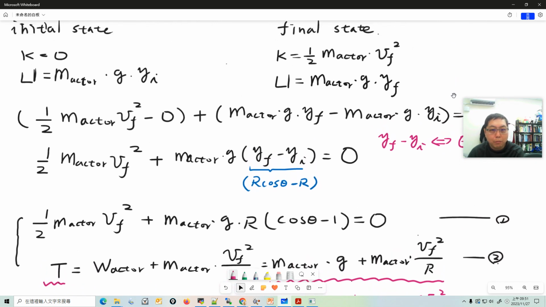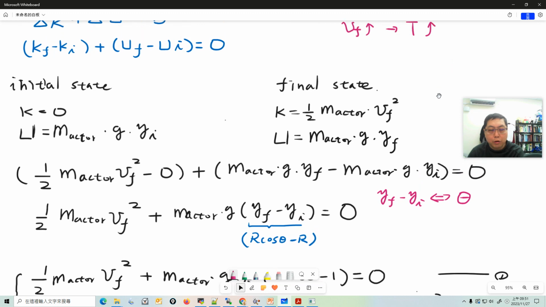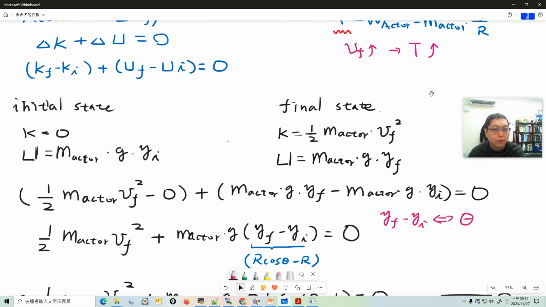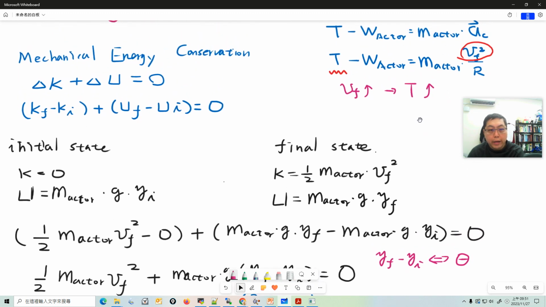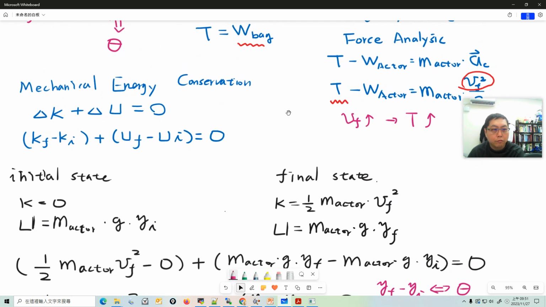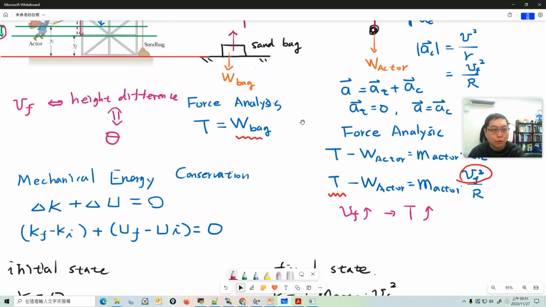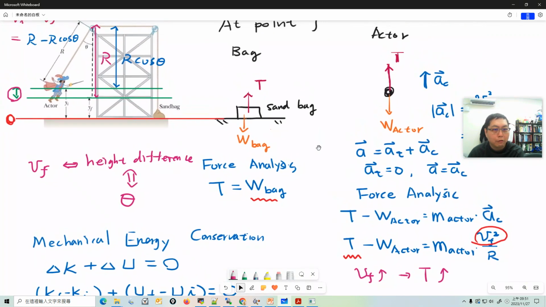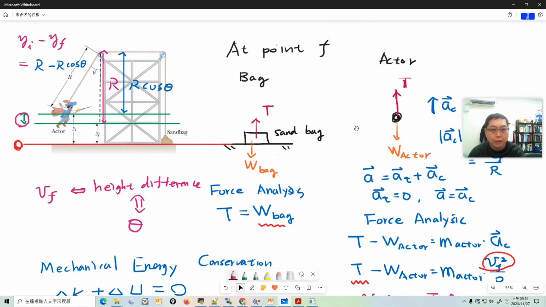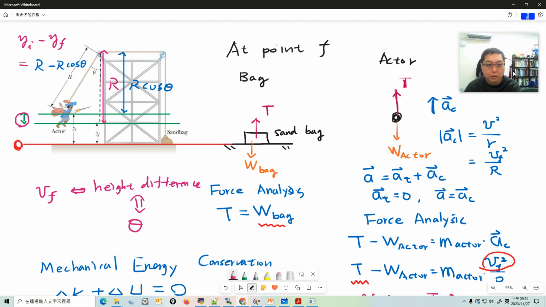This is an example problem I referenced from the Serway 10th edition. The mechanical energy conservation problems in our textbooks are too easy, so that's why I want to use this example to demonstrate energy conservation calculation.